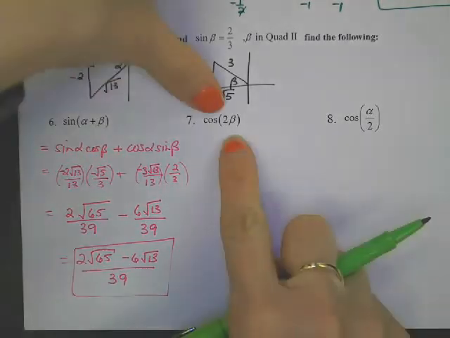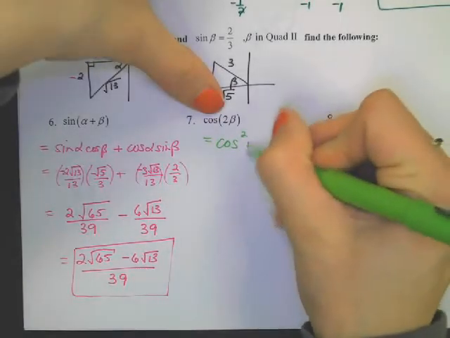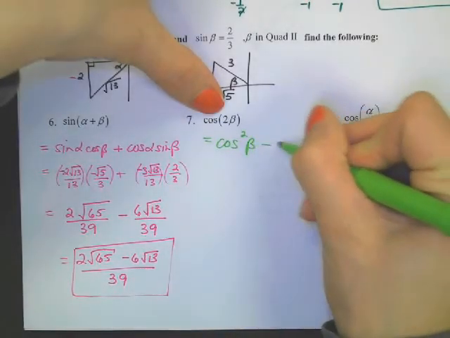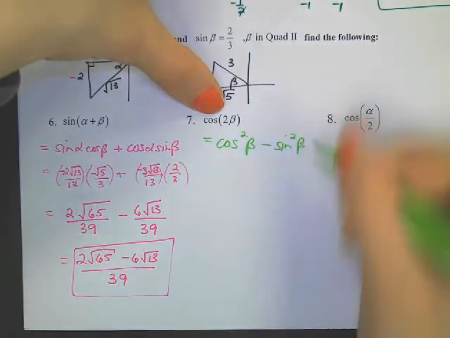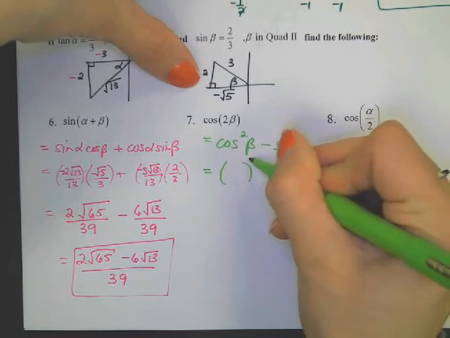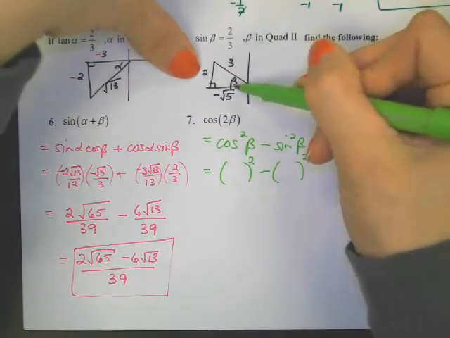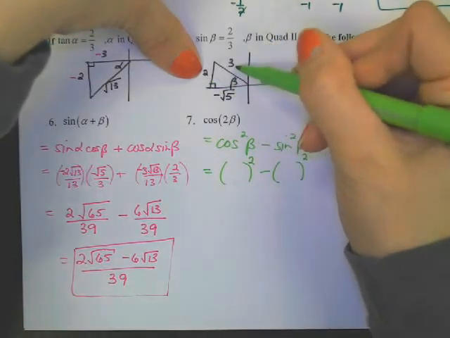Okay, that's great. How about a double angle formula? The double angle, for cosine I like especially. It goes cosine squared of beta minus sine squared of beta. Okay, so we're just going to use the beta picture here. We have to find the cosine fraction and square it, and the sine fraction and square it. Cosine would be adjacent over hypotenuse.